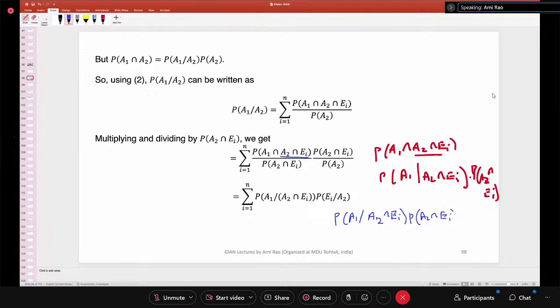This is A given B, and then the probability of B. Now again, the probability of A2 intersection EI can be written as the probability of A2 given EI multiplied by the probability of EI.